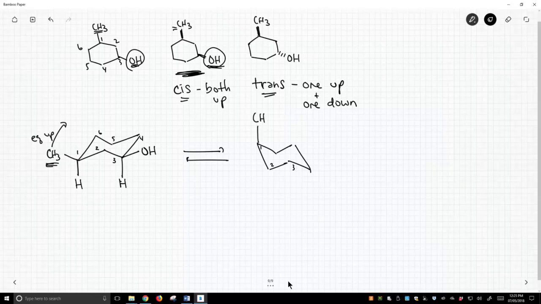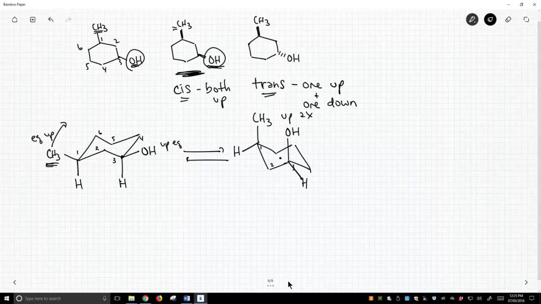And now the methyl group is still up, but it's axial up. And the hydrogen is going to be equatorial down. Let's go to carbon number 3. Carbon number 3, this OH is up here and it's equatorial. It will still be up here, but now up is axial. And let's draw our center point. Our equatorial hydrogen is sticking out like that.